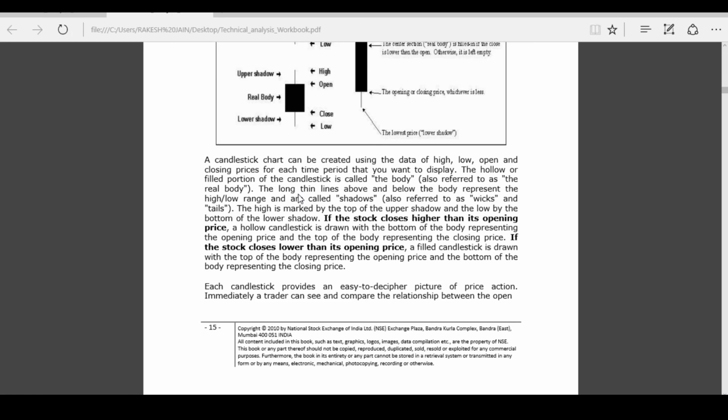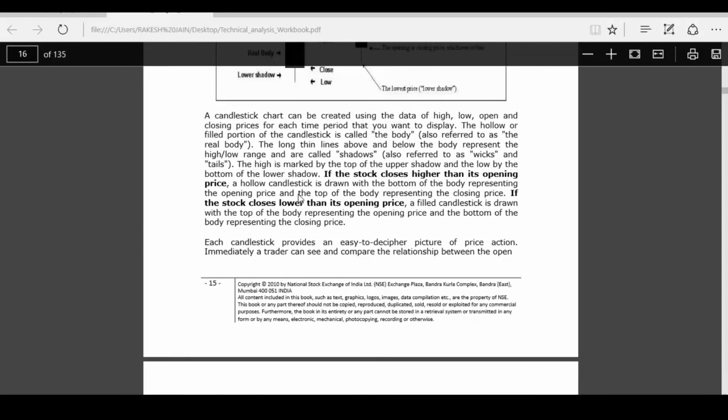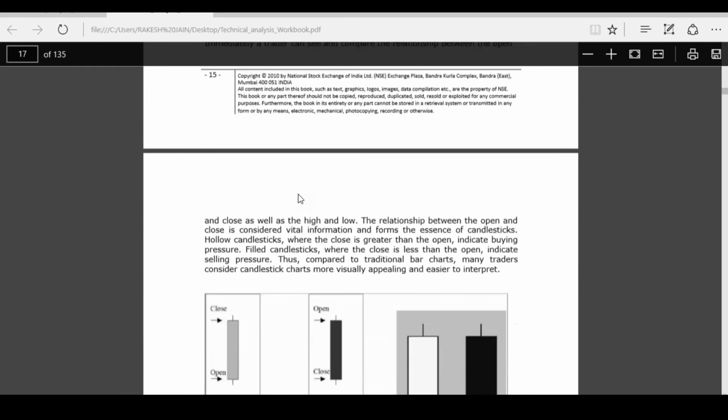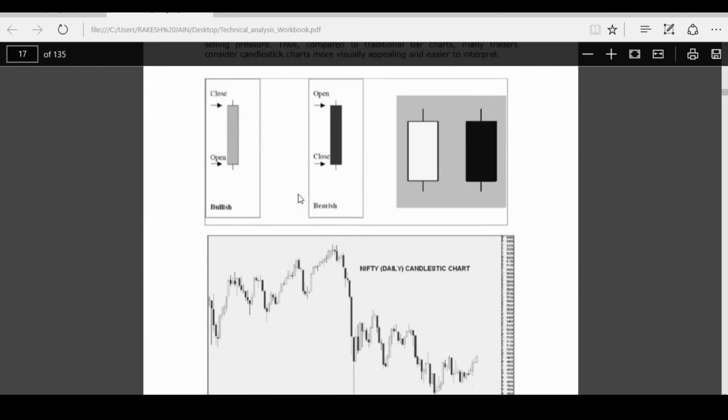So a black body day, what does it show? Say another example I'm giving with figures. This shows the stock has a high of say 602. The opening was 595. The stock made a high of 602, but it could not sustain that 602, nor could it sustain the open.